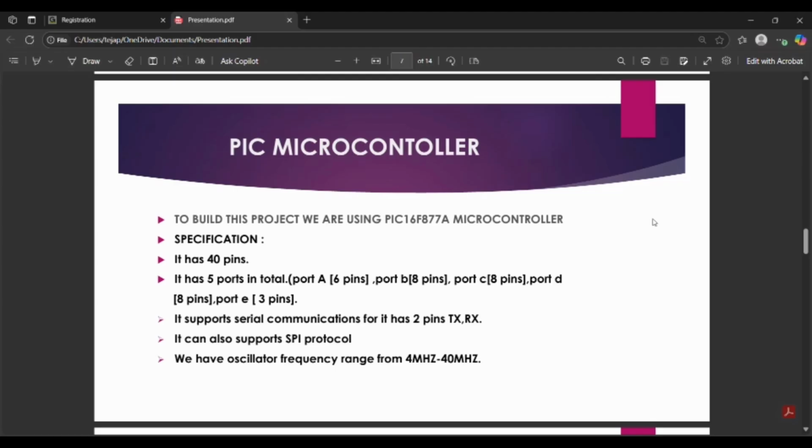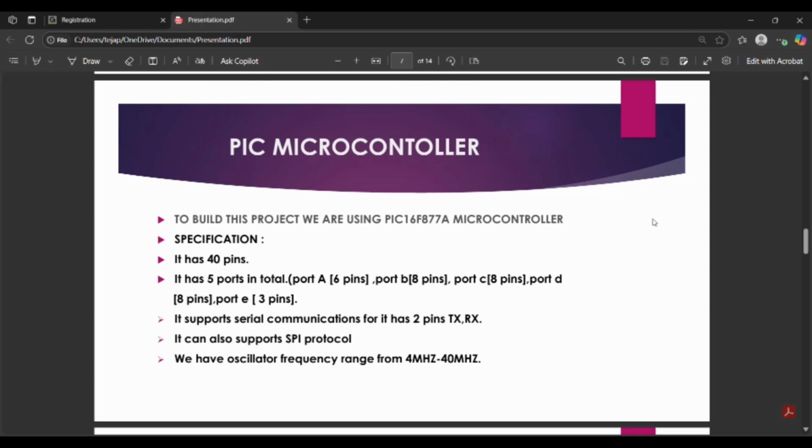To build this project we are using the PIC16F877A microcontroller.